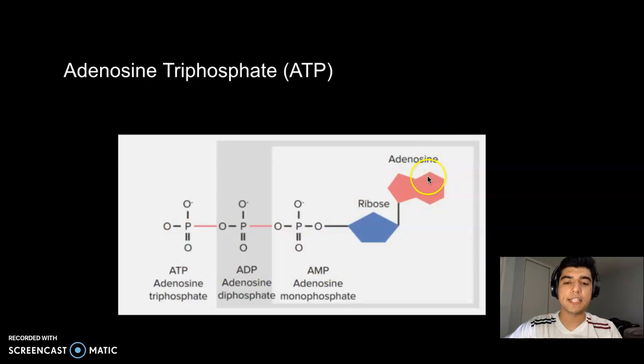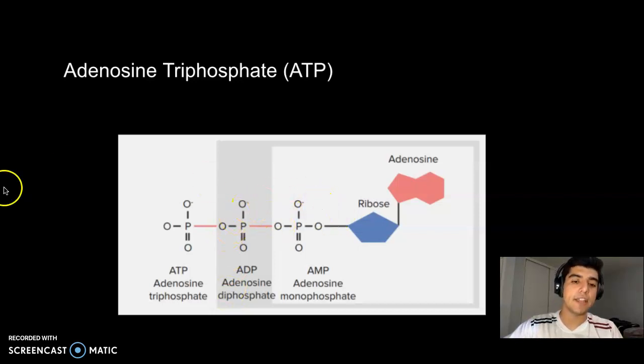The first one is adenosine, then you have a sugar, ribose, connecting to adenosine, and then you have 3 phosphate groups. The reason why it's called triphosphate is because tri means 3, so the 3 phosphate groups. If you take away one phosphate group, you're going to end up with adenosine diphosphate. Di meaning 2, because you only have 2 phosphate groups left.